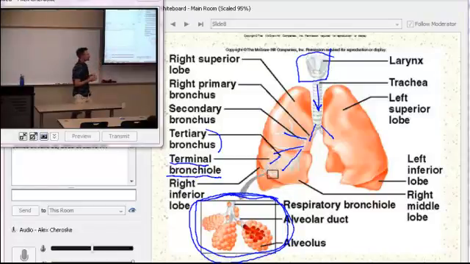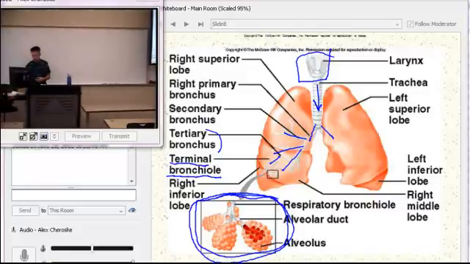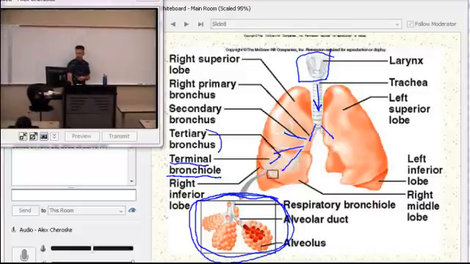Wall is too thick to allow exchange to occur. But here, with the respiratory bronchioles, the alveolar duct, and now all these little bubbles that we call the alveoli, single alveolus, these are the gas exchanging structures that we need. And there's millions and millions of these little bubbles that are going to give us a lot of surface area and a lot of places where we can exchange gases.